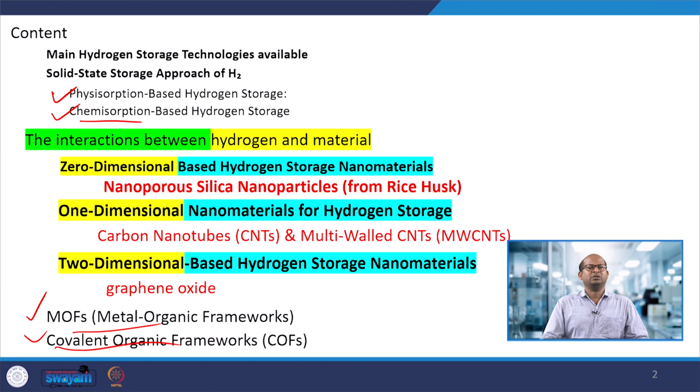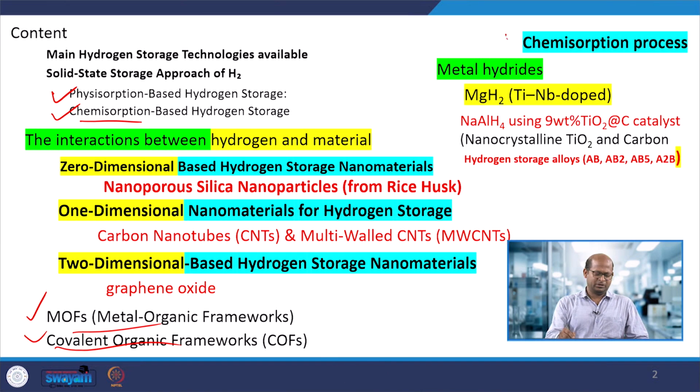These would be used for a specific metal hydride or complex hydride, where these nanomaterials can be used at a certain percentage to improve the storage efficiency of hydrogen in that material. These are the physical options, and the chemical options are based on metal hydrides, that is magnesium hydride, and sodium aluminum hydrides.